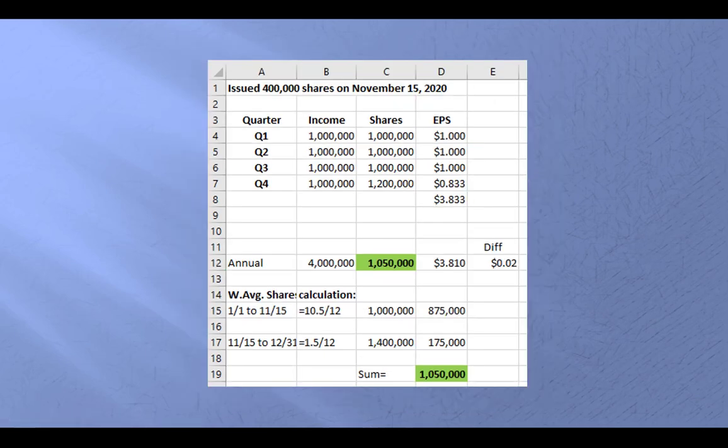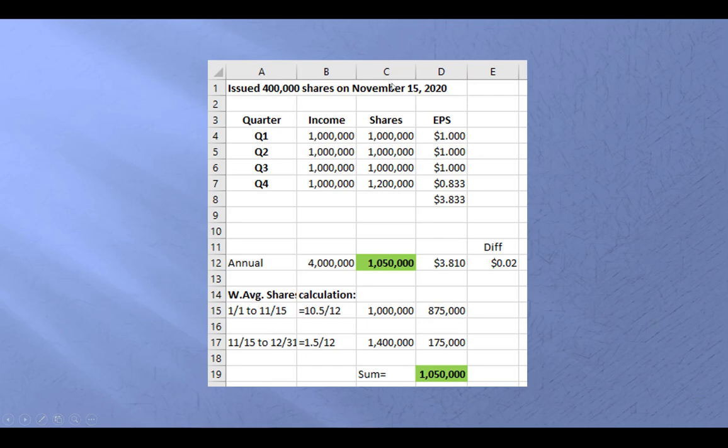We're going to issue again, but in this example, we're going to issue closer to the end of the year. We're going to issue more. So, first quarter, second quarter, third quarter, I'm doing the division. There's no rounding at all here. And now I issue 400,000 midway through the fourth quarter. That's exactly the midpoint.